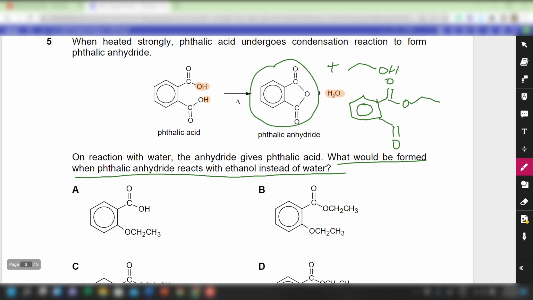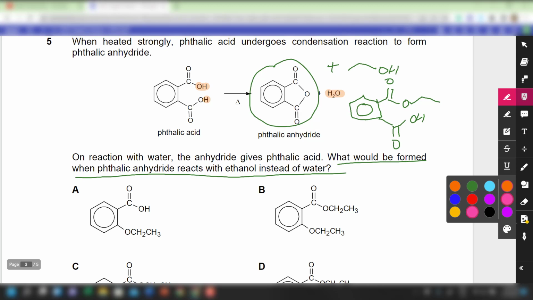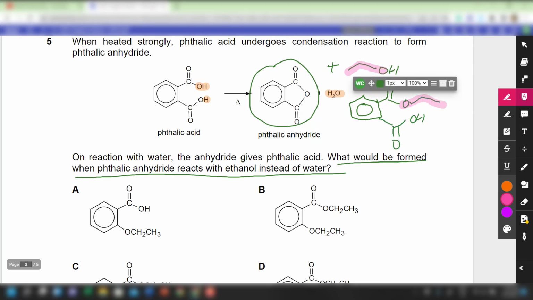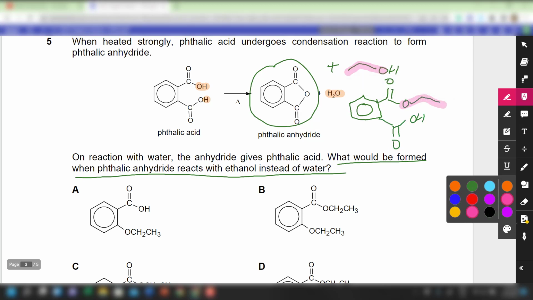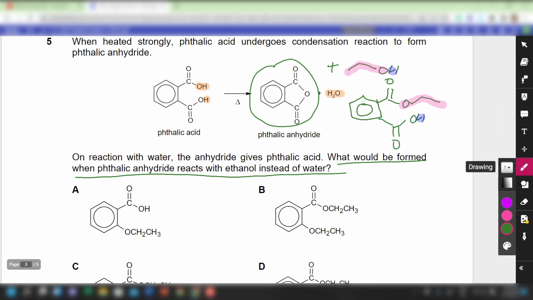The other end will become the carboxylic acid. If you look at your ethanol, it can be split in this way. So I'm going to highlight for you to take a look. I can just highlight the ethoxy group. So this is the ethoxy group, and then the H will be here. So my intermediate product must be the carboxylic acid and the ester together.